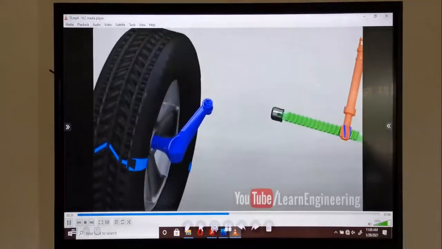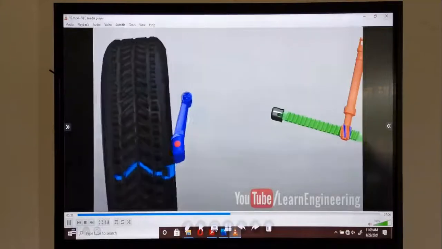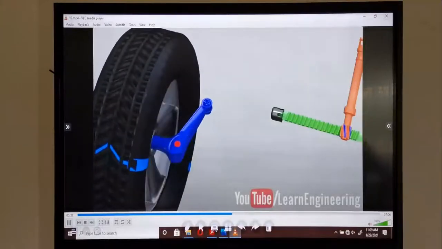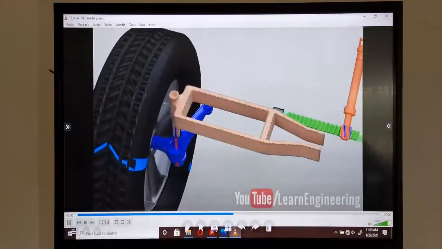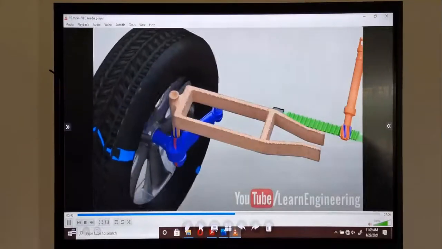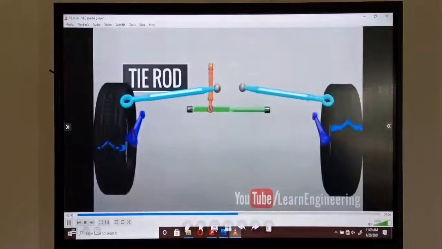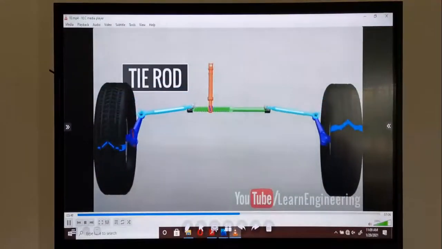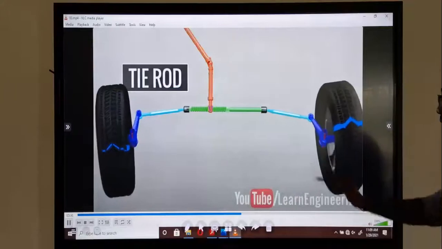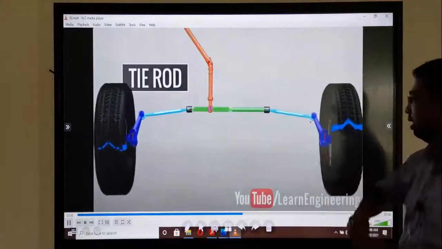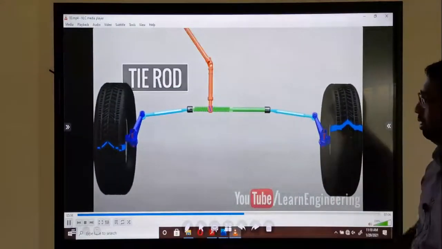Here this knuckle arm, this is the engine body, knuckle connected with the engine body, and here this is the tie rod. There is a ball stud connected here with the rack, and here the ball joint is connected.